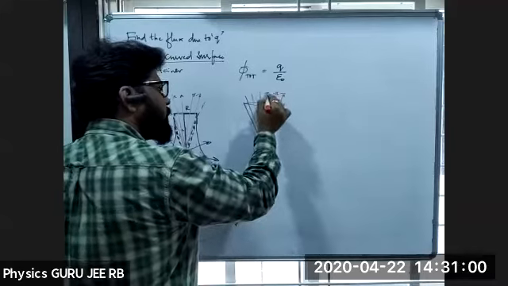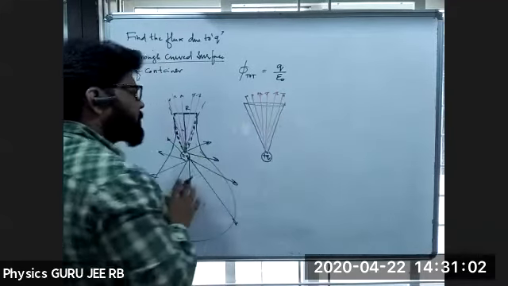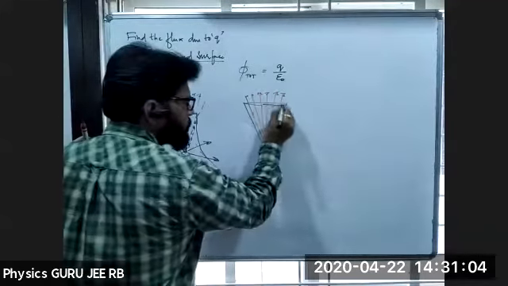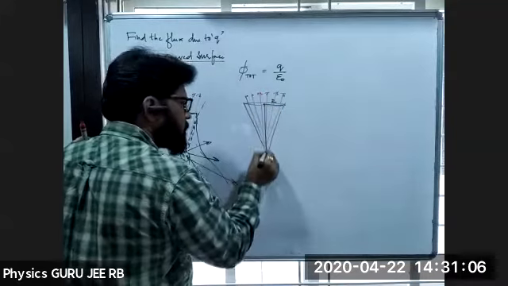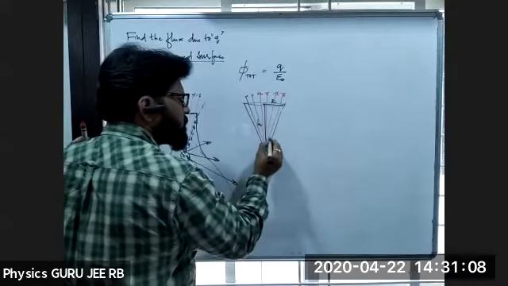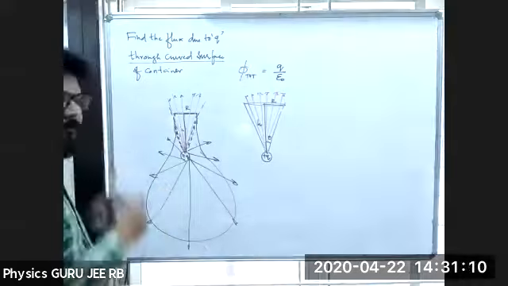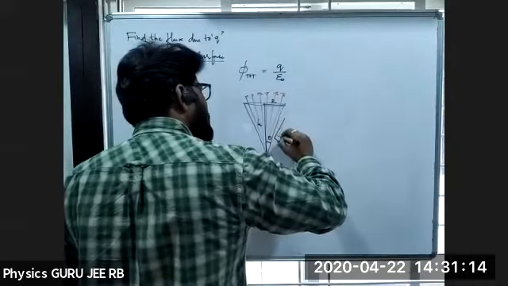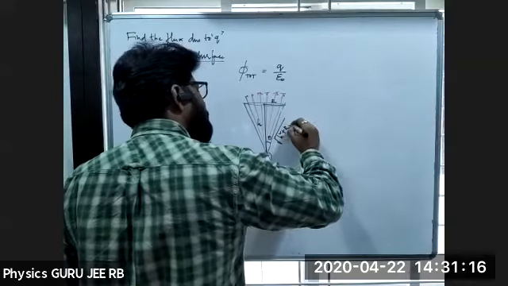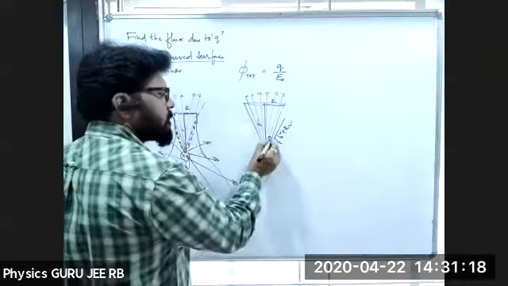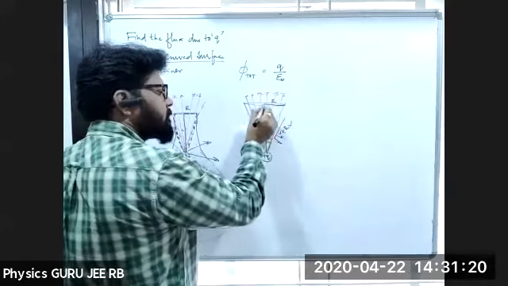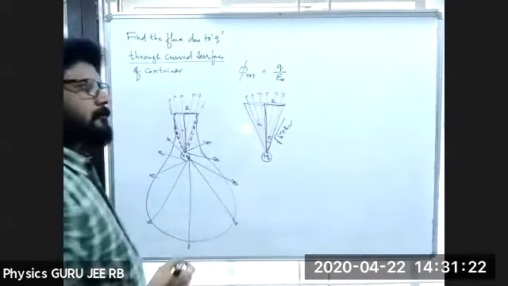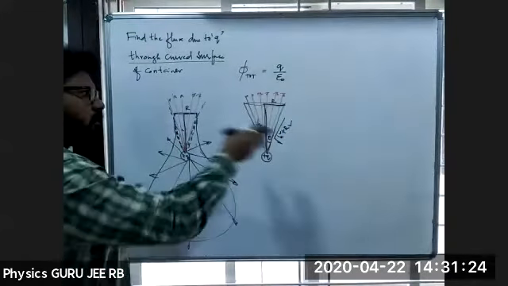The direction of flux, right? Now here R is nothing but H. This is theta, we don't know, and this distance is under root of H square plus R square. If I make a triangle, you can see this triangle. For this cone, I have to remove this cone.